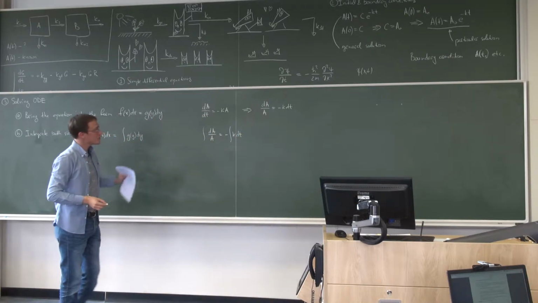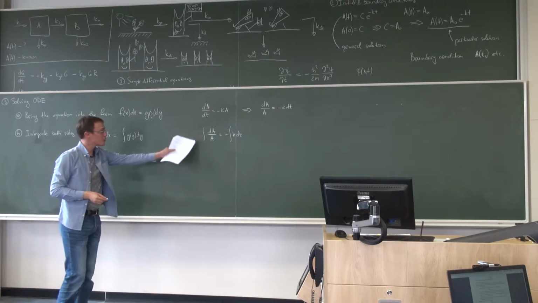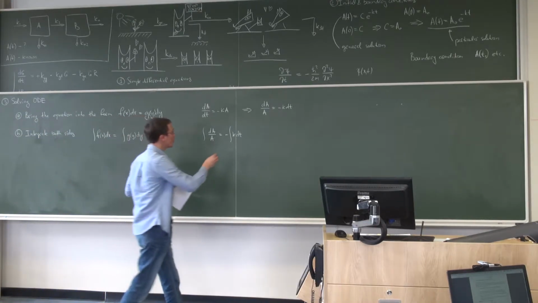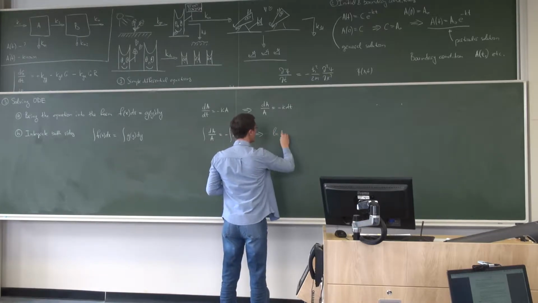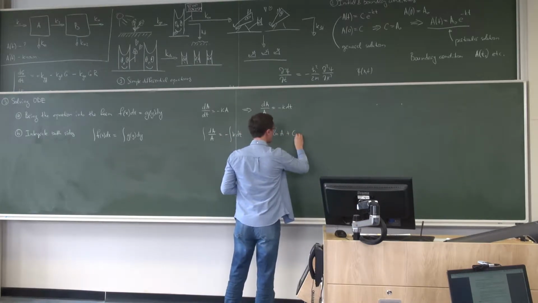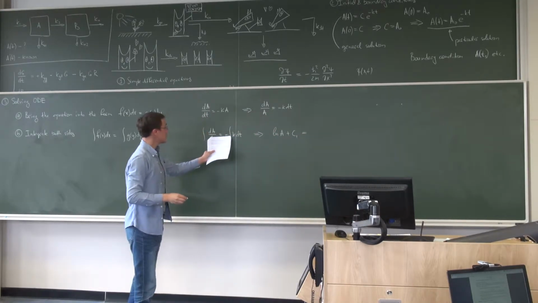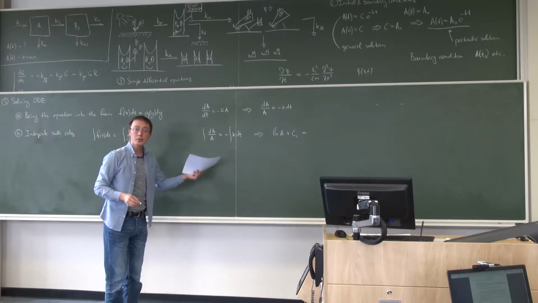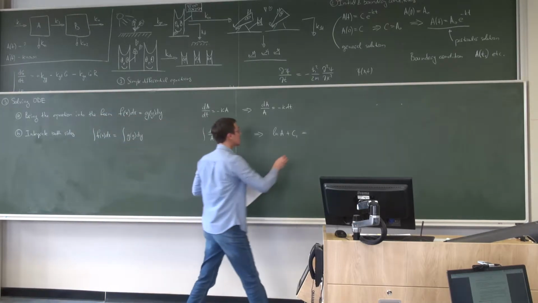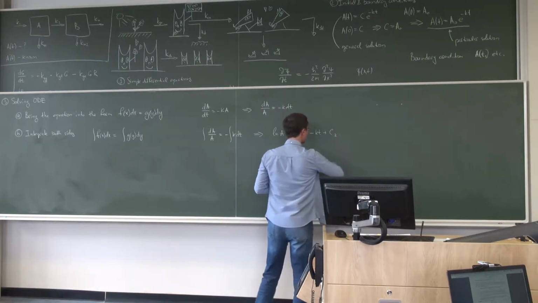Well, you remember the derivative of the log was 1 over x, and so the integral of 1 over x is the log. So what we have here is log A plus a constant, one of them. And then on this side, the derivative of kt was k, and so the integral of k is kt, but don't forget the constant, minus kt plus a different constant.